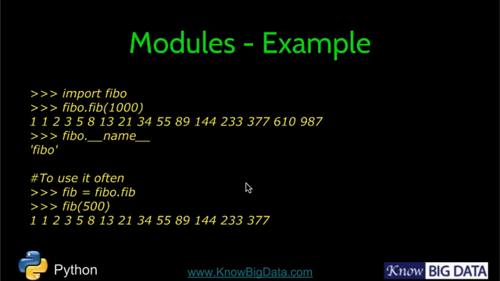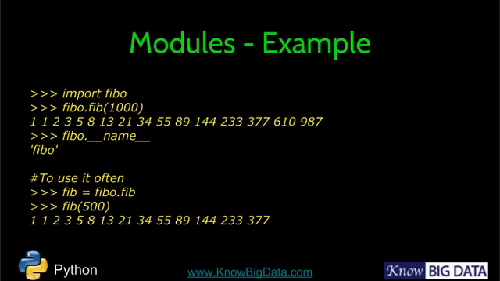In the second one, if we say from fibo import fib, that will be better. So that was the most simple module you could have imagined.